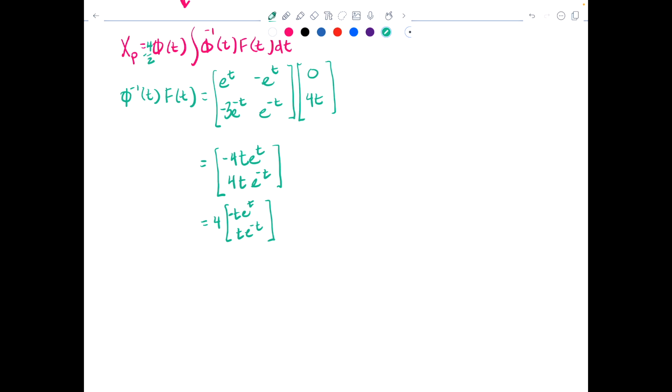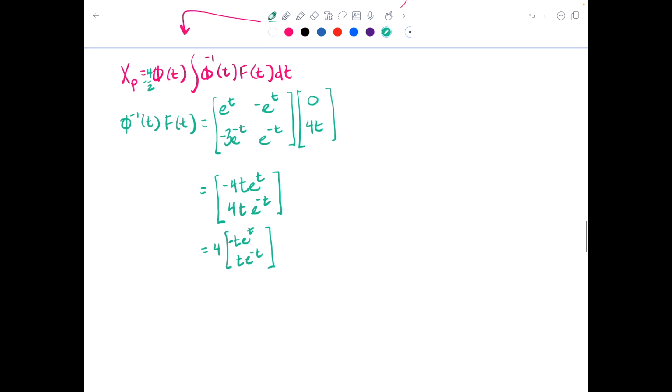Okay, so now here we go. We're going to have to do integration by parts, right? I'll choose another color here, all kinds of fun colors. We need to find the integral of negative t e to the t dt.